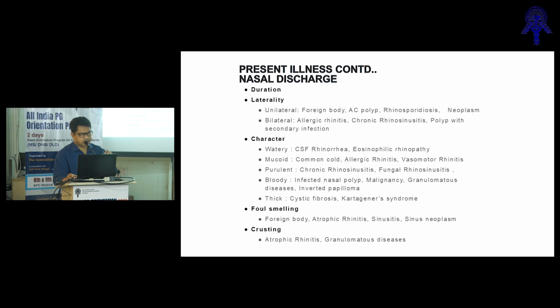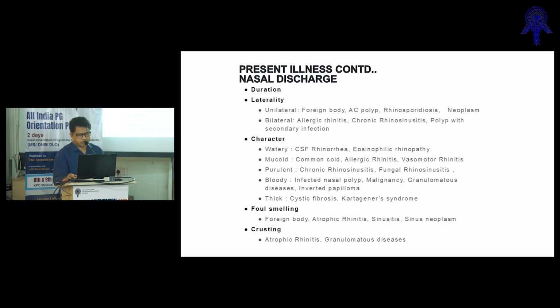There are some diseases that cause thick discharge, genetically linked diseases like cystic fibrosis and Kartagener syndrome. These patients also have other disease in the lung, with involvement of the lung parenchyma, since all the mucosa that has ciliary activity gets disturbed. Next, whether the discharge is foul smelling or not.